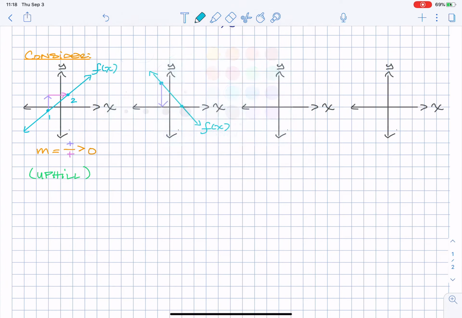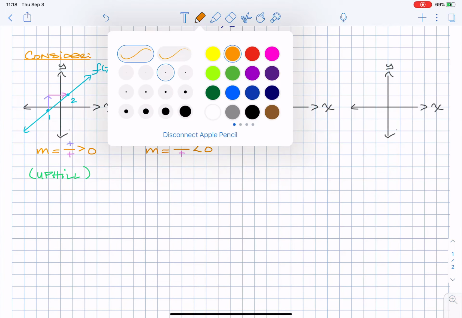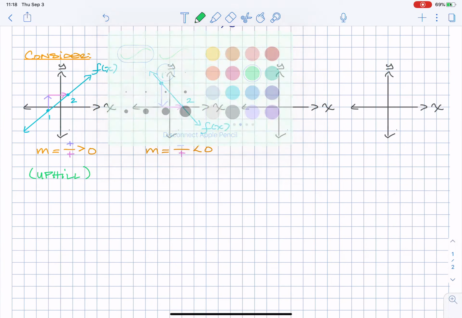So I have a negative slope. I notice that this function is going downhill in reading direction, so it's negative.